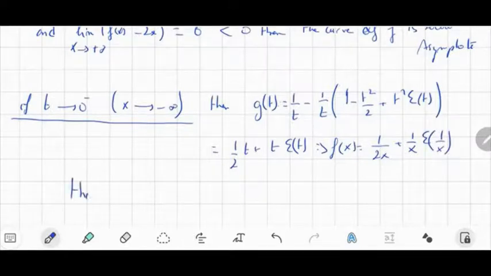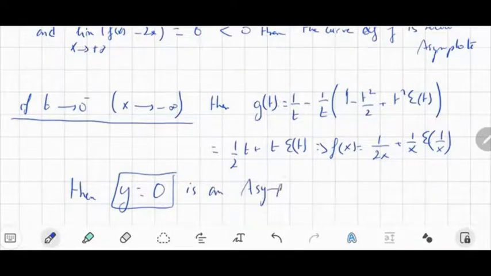Then y equals the constant term plus the term of first order in x. They are not present here, so they are equal to 0, then y equals 0 is an asymptote to f at minus infinity.